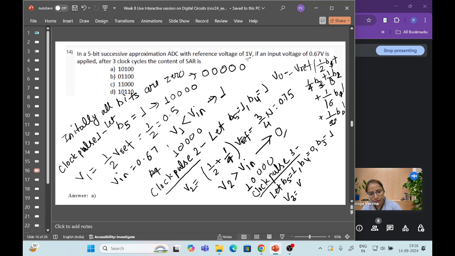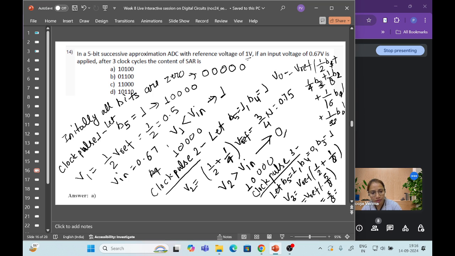V reference, that is V5 is 1, that means 1 by 2. For the next bit it is 0, so it will automatically be 0. So for V3 it will be 1 by 8, right? V reference into how much? 5 by 8, right? 5 by 8. V reference is 1, so it is only 5 by 8.